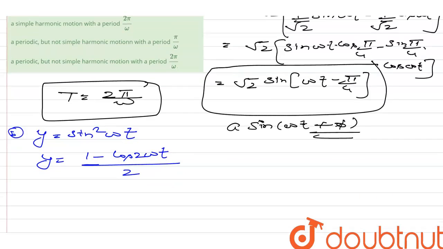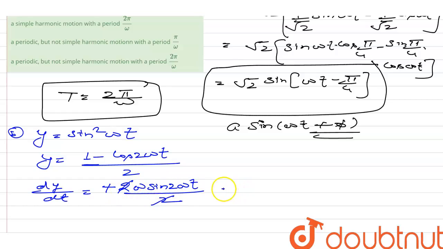Differentiate this equation with respect to time. So dy over dt is equal to the differentiation of 1, which is 0, and minus the differentiation of cos 2 omega t, which is minus sin 2 omega t into 2 omega, divided by 2.